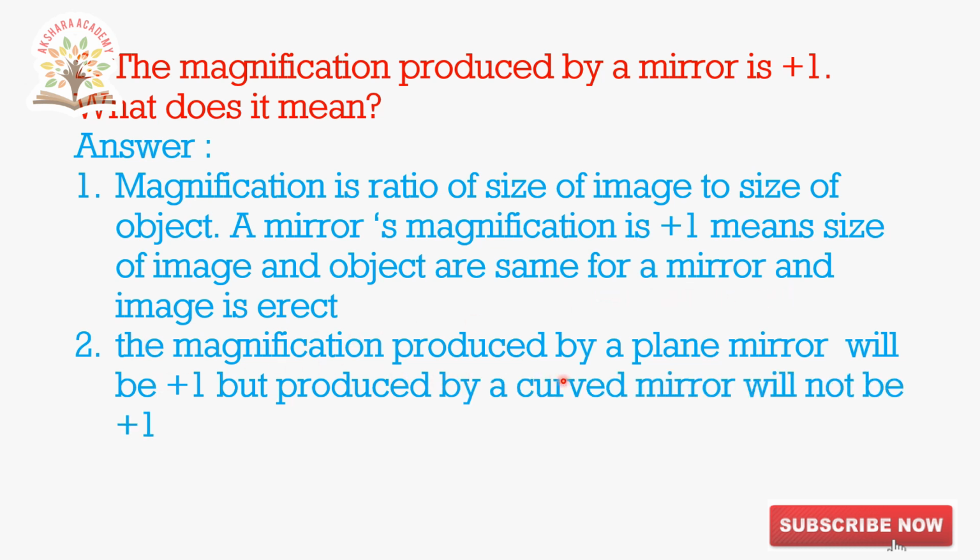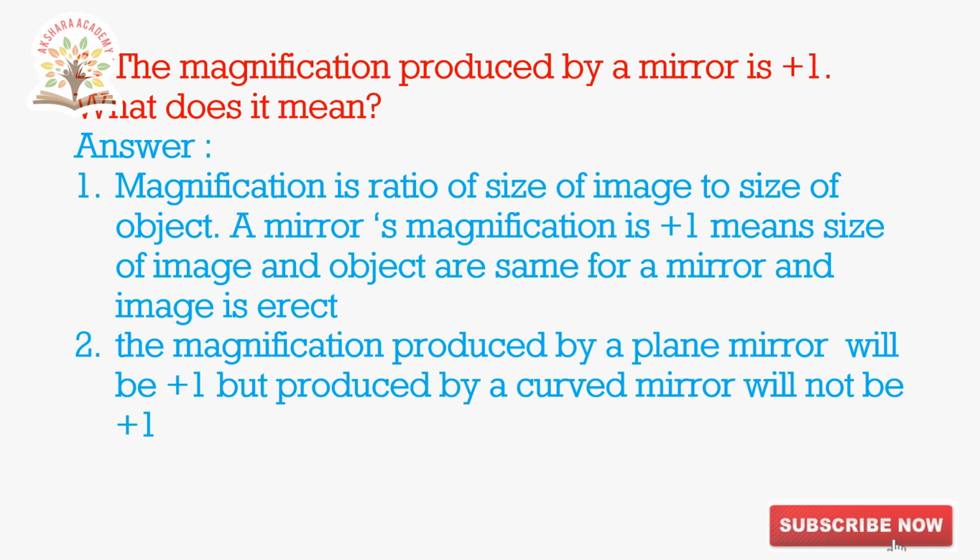The magnification produced by a plane mirror will be +1, but that produced by a curved mirror will not be +1.